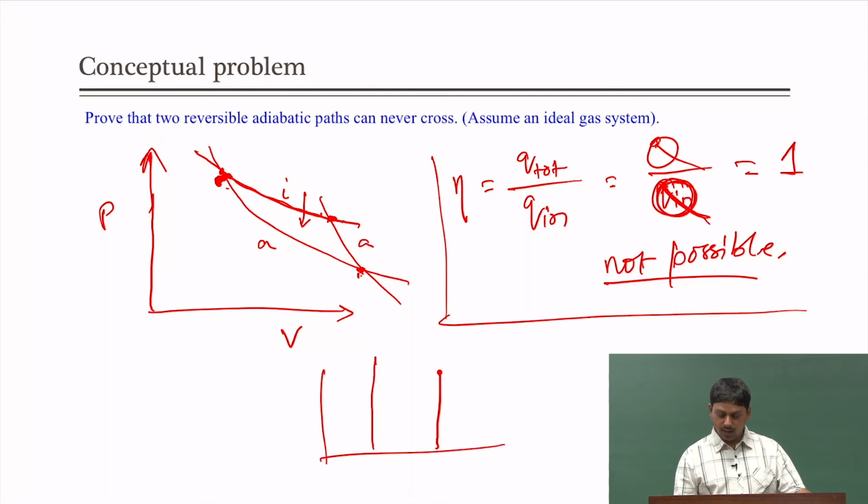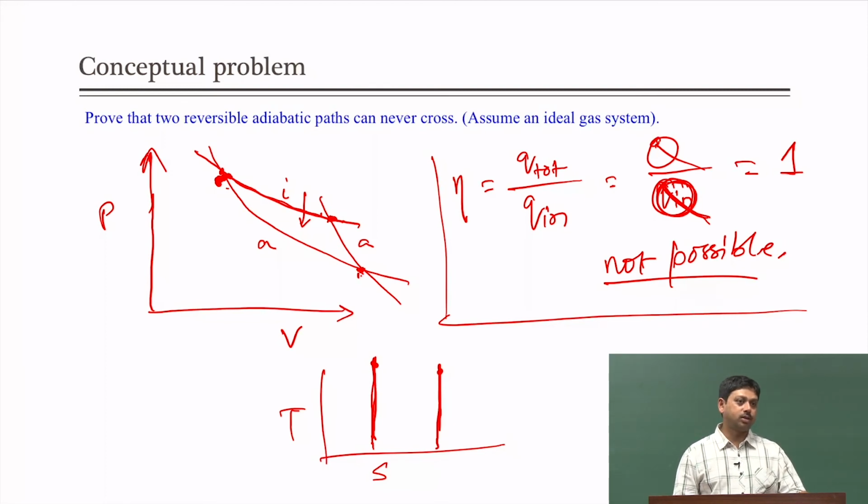So, this is T, this is S, this temperature is increasing here. Okay. So, this is between an adiabatic path. So, if another adiabatic path is there which has a different temperature and different entropy, then they can never meet. It has to have same entropy, right, otherwise they cannot meet.